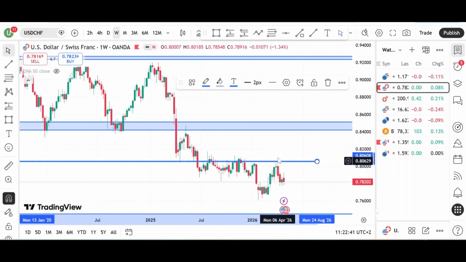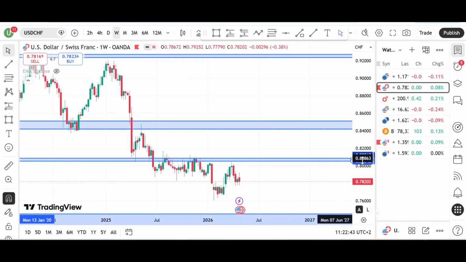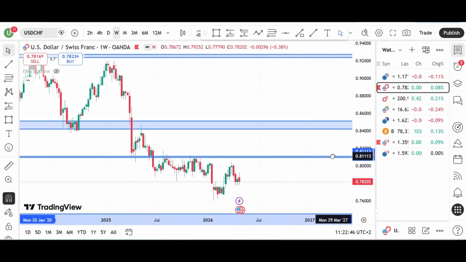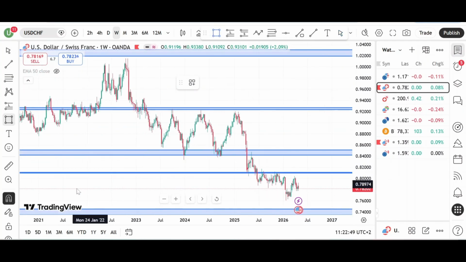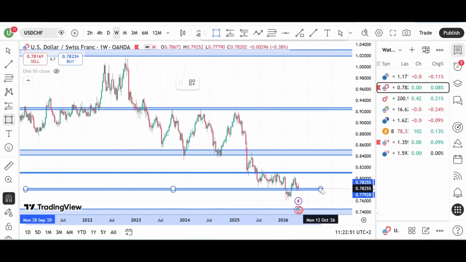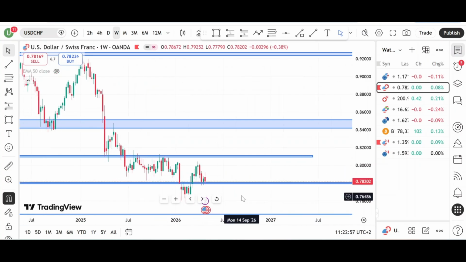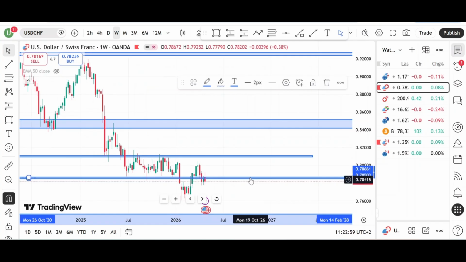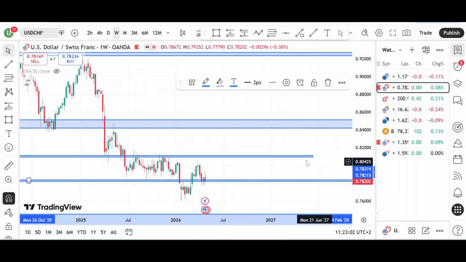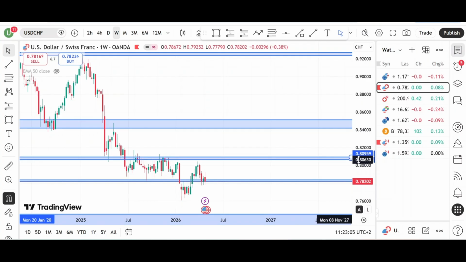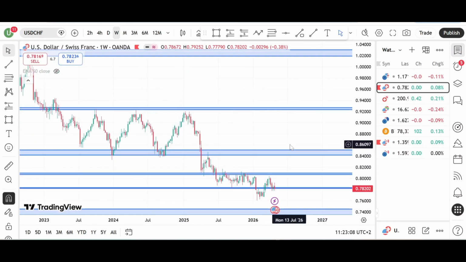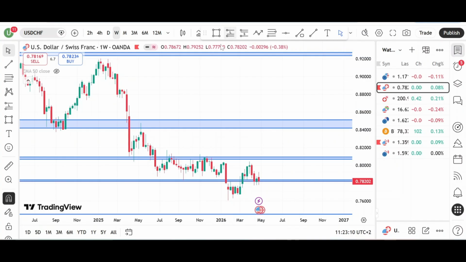This is a weekly upper zone here, and this is a weekly lower zone here, also this, and this. We are in a downward trend currently, because we are seeing break of structure, lower low, lower high, break of structure, lower low, lower high.